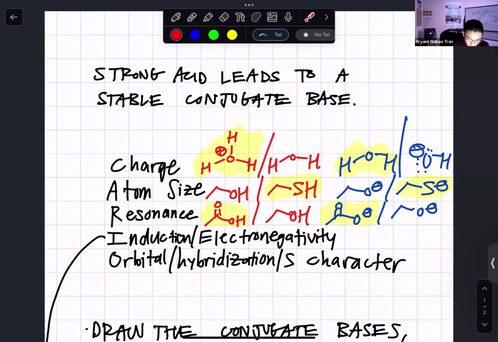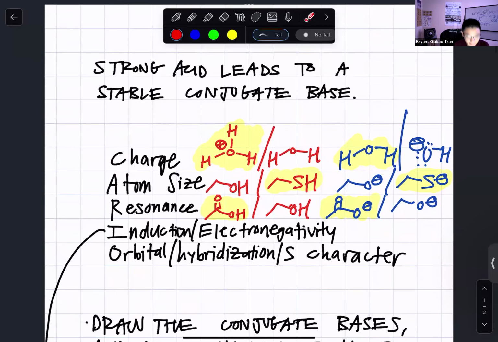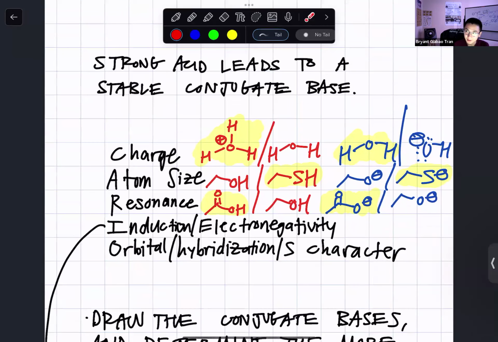So strong acid, first thing you do, look at the conjugate base. Deprotonate the acid that you're looking at, and then once you have the conjugate base, determine which conjugate base is more stable using CARIO.